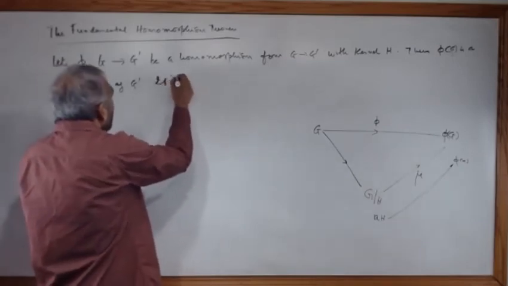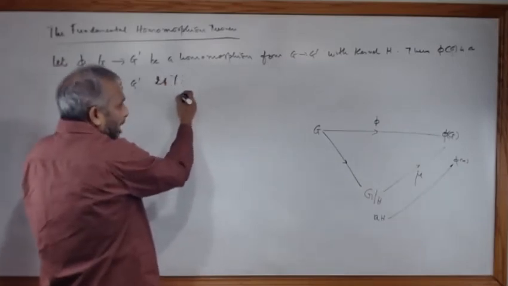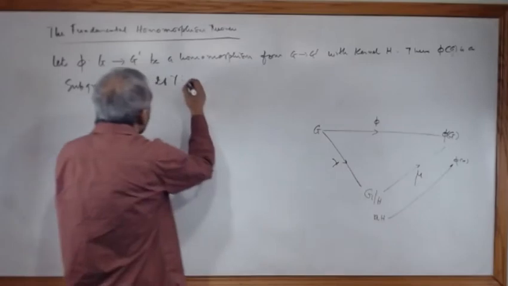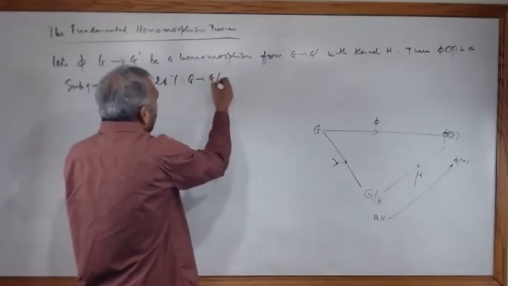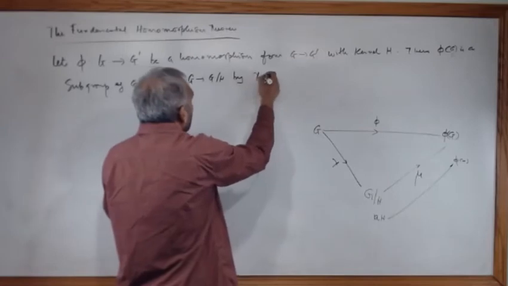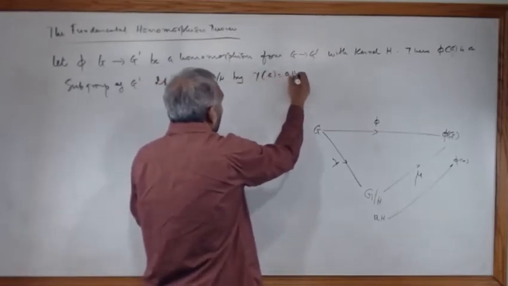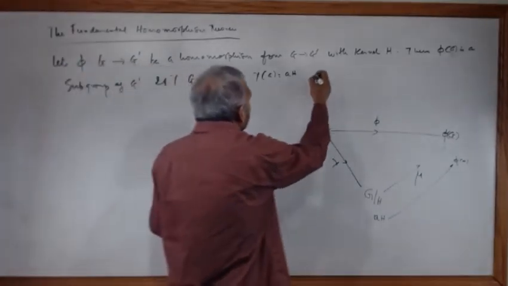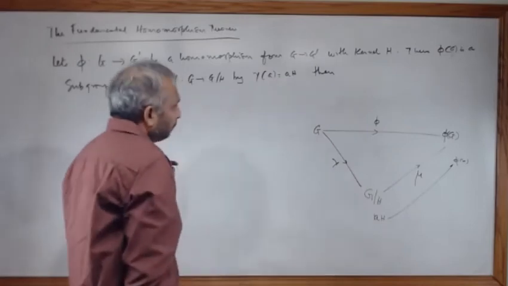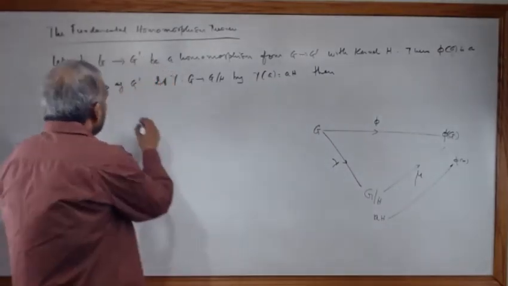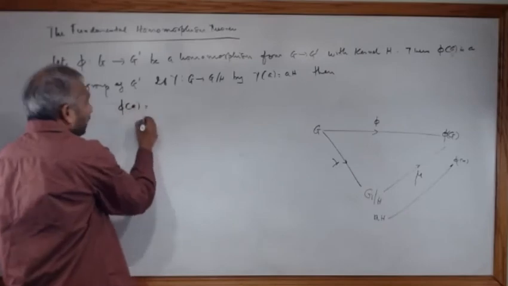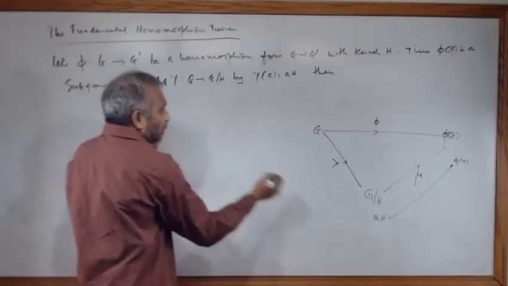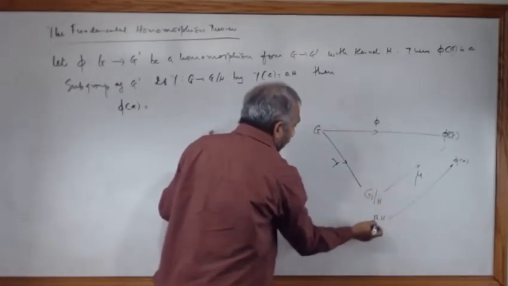So then if gamma is a homomorphism, this is actually our gamma, from G to G over H by gamma of a is equal to aH, then phi of a is equal to mu of aH.